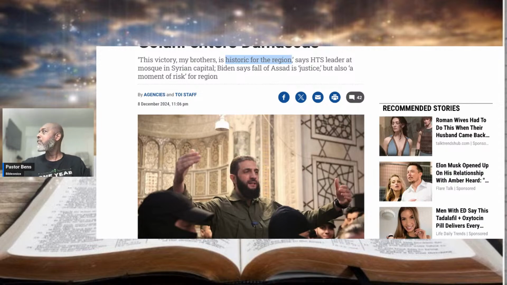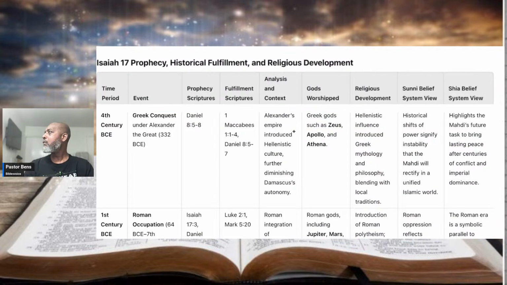Watch this. So we have, if I can go back to my chart. Okay. So look at this column where it says gods worshipped. The Greeks, when they conquered this area, brought in this idea of Zeus, Apollo, and Athena. Okay.